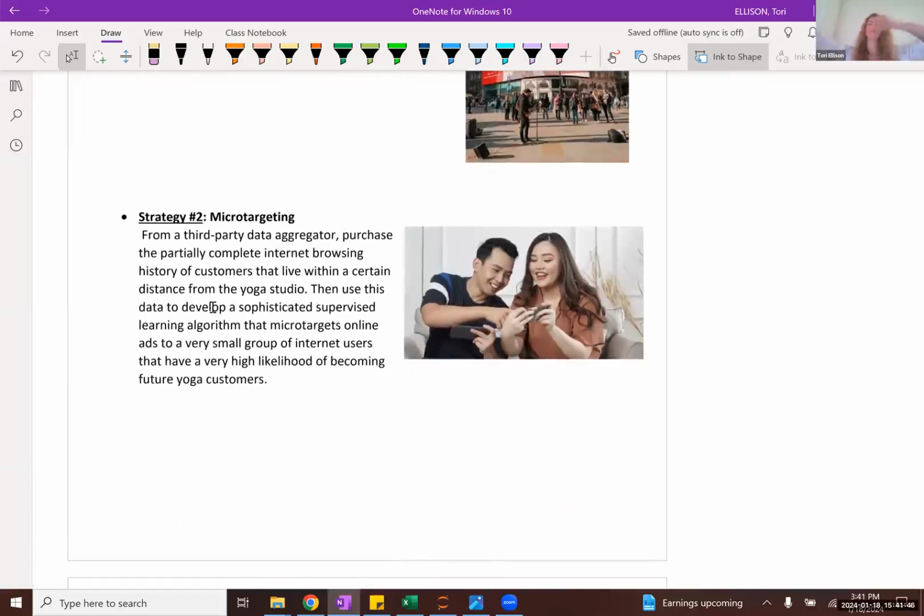Now, another strategy that some companies use is what we call micro-targeting. This is where they would enlist the services of companies like the one I used to work for, where we collected a very large database of internet users. We had records on about 50 to 70% of the websites that they had visited.